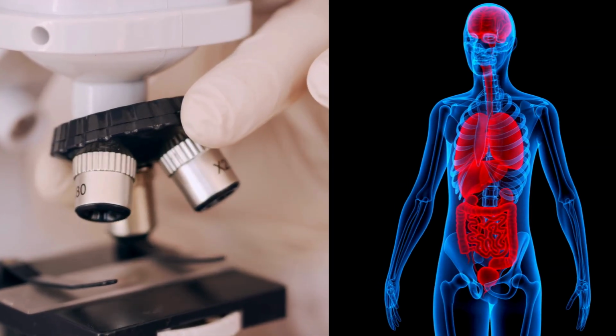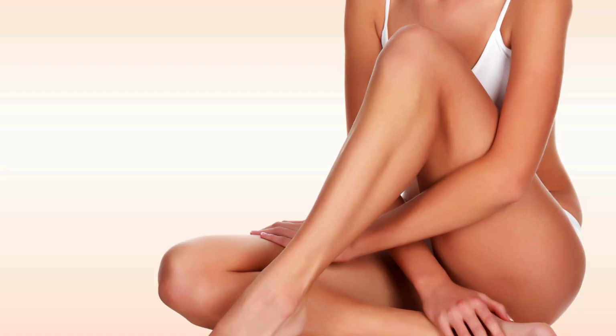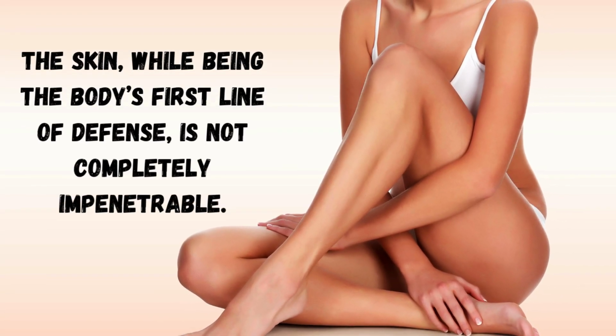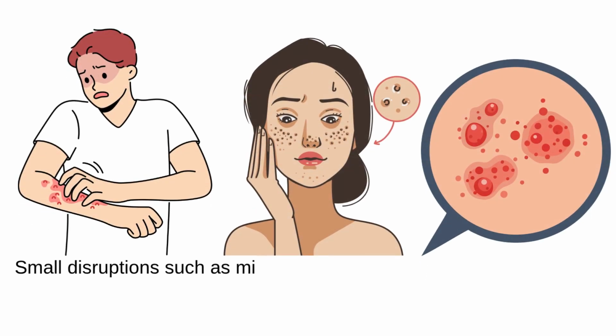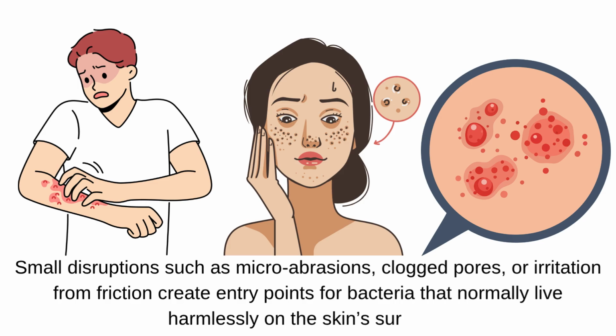The development of a carbuncle begins at a microscopic level, often in a way that goes unnoticed. The skin, while being the body's first line of defense, is not completely impenetrable. Small disruptions such as microabrasions, clogged pores, or irritation from friction create entry points for bacteria that normally live harmlessly on the skin surface.